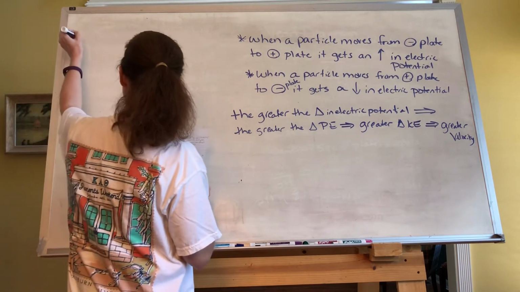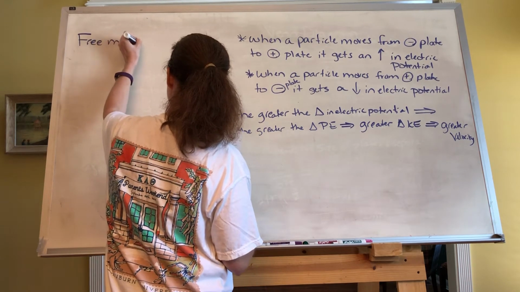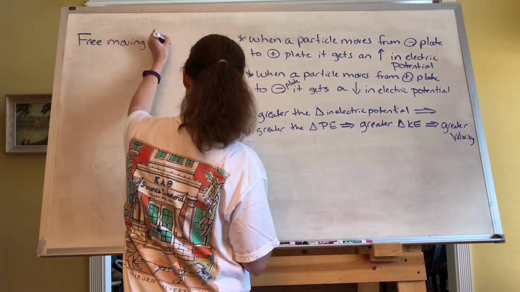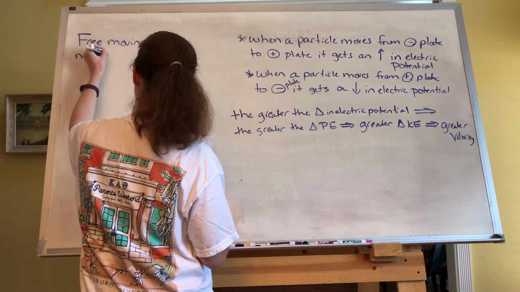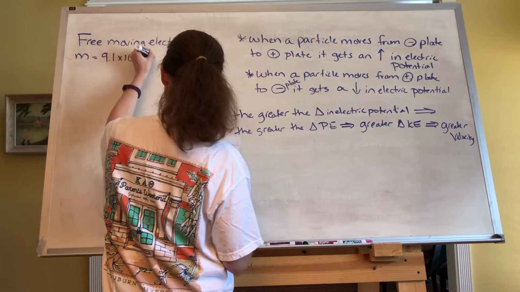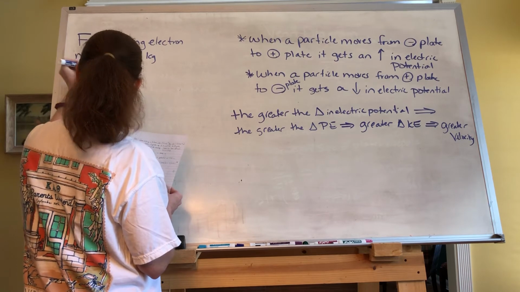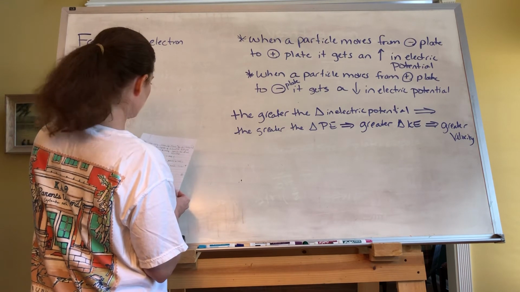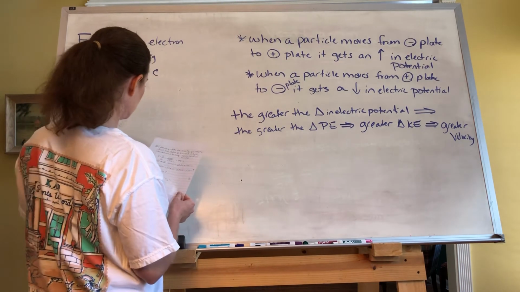All right, we have a free moving electron. It has a mass of 9.1 times 10 to the negative 31 kilograms. Its charge is negative 1.6 times 10 to the negative 19 coulombs.